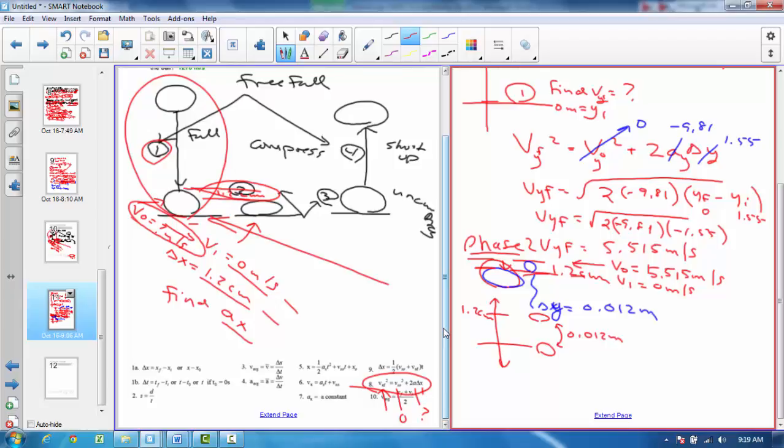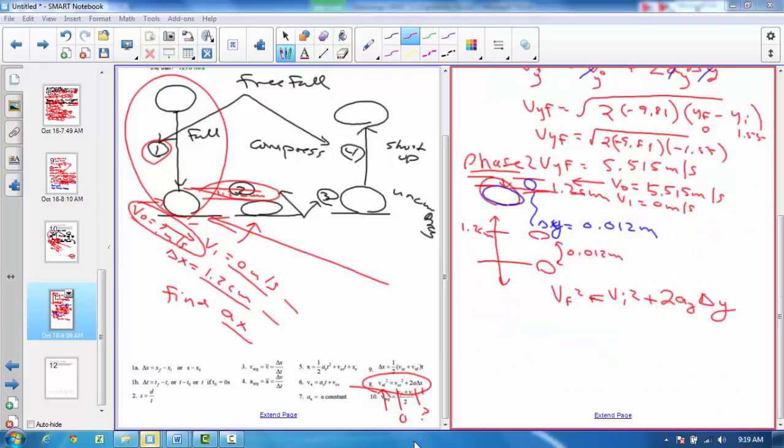We know initial and final velocity and we know the change in position. So we have vf squared equals vi squared plus 2 a delta y, and now a is our unknown. We know that, we know that, we know that.